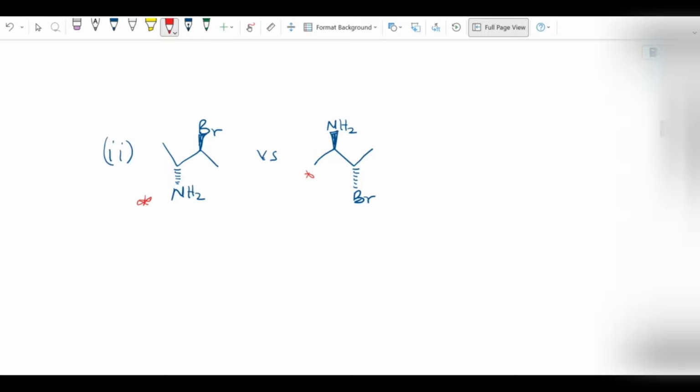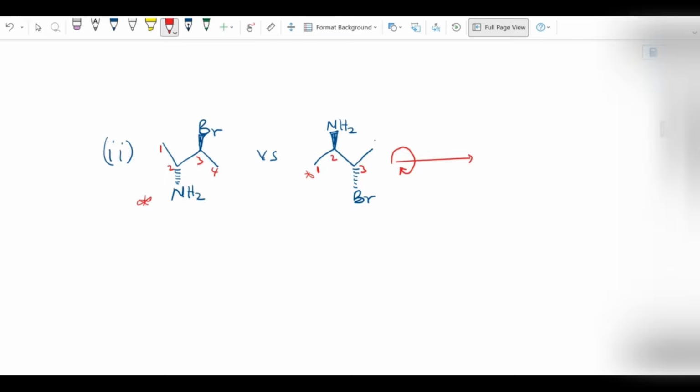So what I might need to do would be to flip this molecule along the horizontal axis. So if I flip it along the horizontal axis, the stereochemistry will change rather. So let's number this as 1, 2, 3, 4. It's always a good practice to number your carbons.